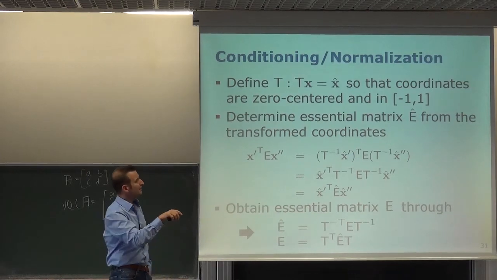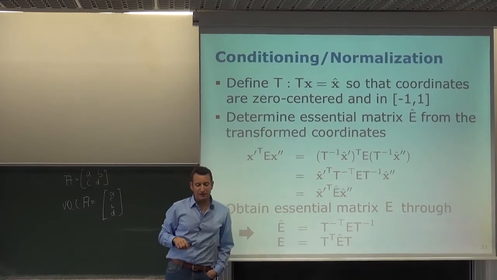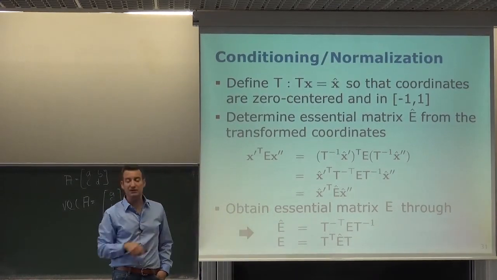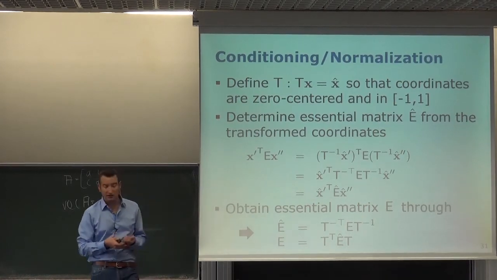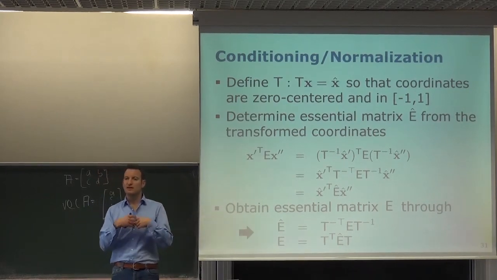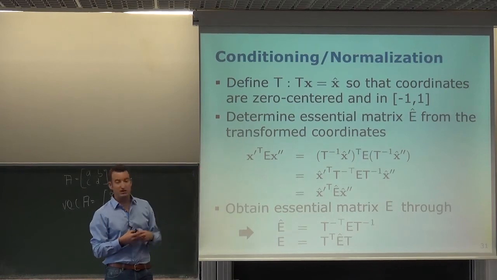In terms of normalization, I transform my coordinate system so that it is 0-centered and the elements lie between -1 and 1. Then I compute my fundamental matrix or my essential matrix. But what I then need to do is turn it back into the original system.